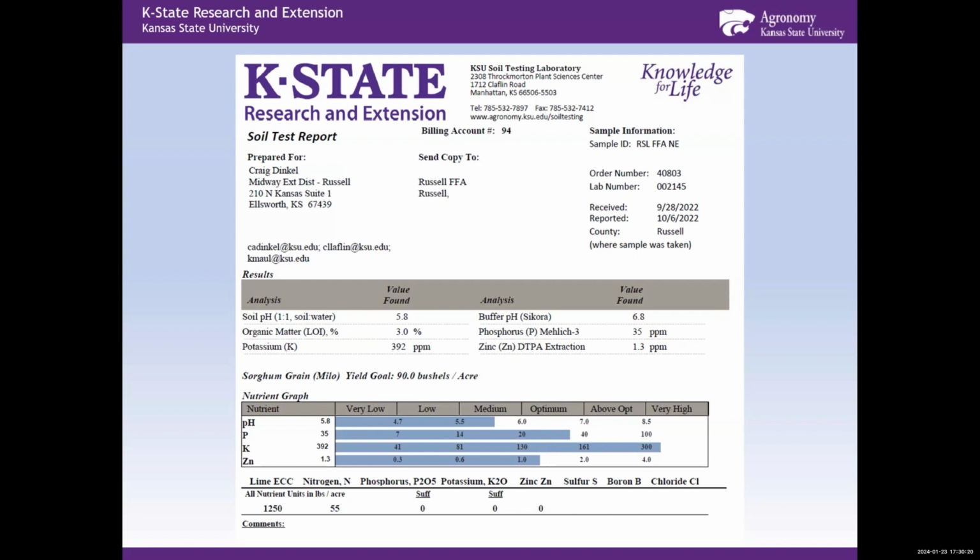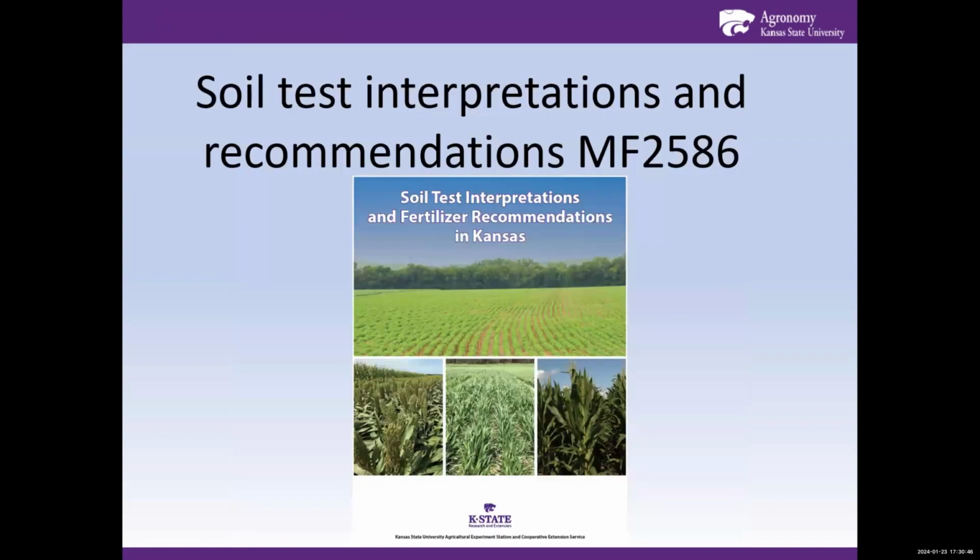But you've got your pH, organic matter here as a percentage, potassium and phos are going to be in parts per million, and zinc, and it'll kick out the recommendation there, and that's all been updated to the current soil test interpretations and fertilizer recommendations. And you guys all have this, other than it's not in color.